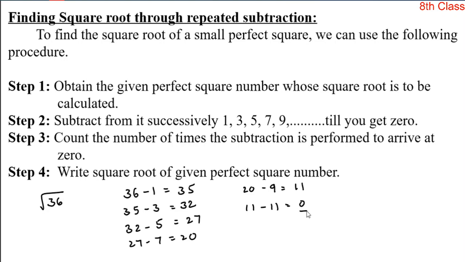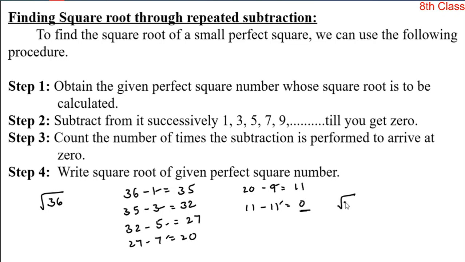To get this 0, how many odd natural numbers did you subtract from 36? Count: 1, 2, 3, 4, 5, 6. That is the third step: count the number of times the subtraction is performed to arrive at 0. Yes, 6 odd natural numbers.